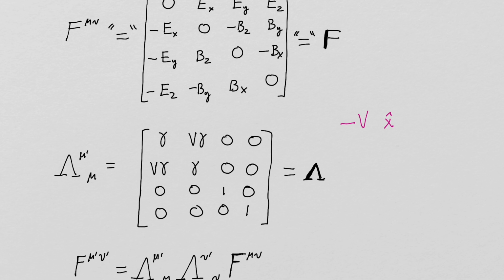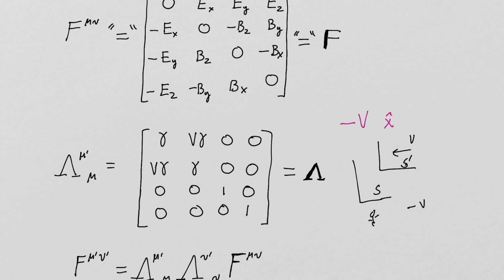So right now, just by looking at this matrix, we should be able to see that we have a frame that is moving in the minus v direction, right? So this is the lab frame, and this is the moving frame, right? So now normally we would call this frame S prime and this frame S, and we would call the velocity between the two minus v, right?